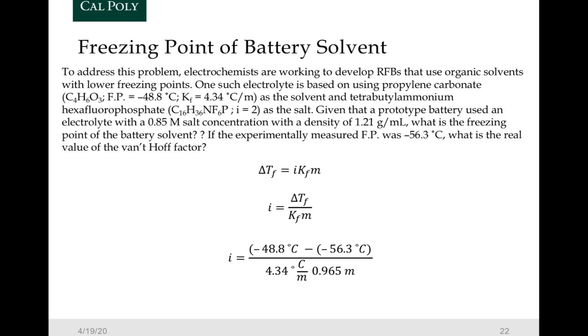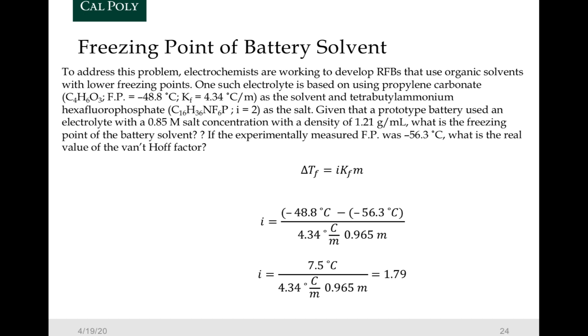This is 56.3, and we divide that by our freezing point depression factor and the concentration of our electrolyte in molal. If we do that, we'd see that our value of i, or Van't Hoff factor, is 1.79. So it is a little smaller than the ideal one, which is 2.